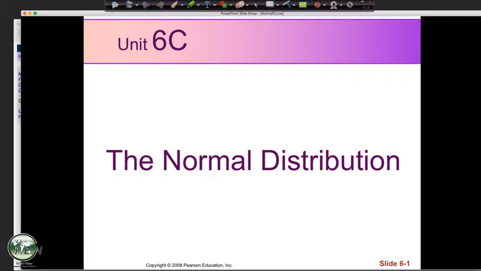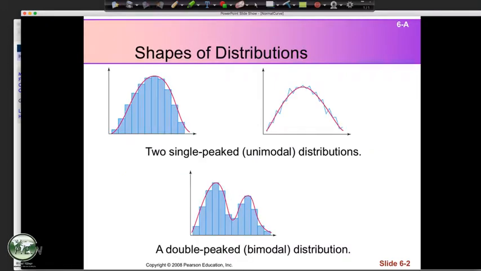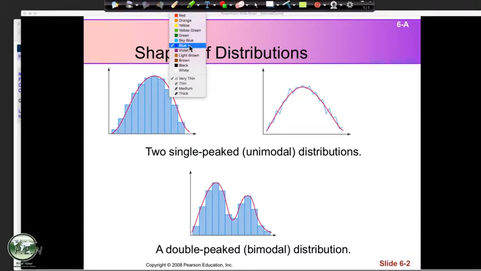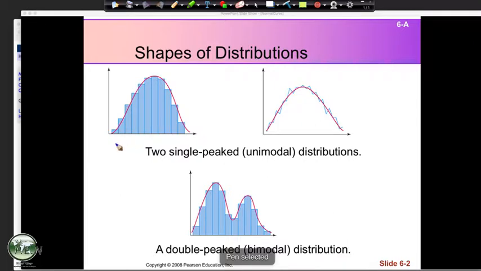So we've got a normal distribution. Again, what is a normal distribution? A little bit of review from what we talked about last week. Does this look familiar to anybody? Hopefully it should. So here are our types of distribution. Remember, the up arrow is frequency, how many times something happens.